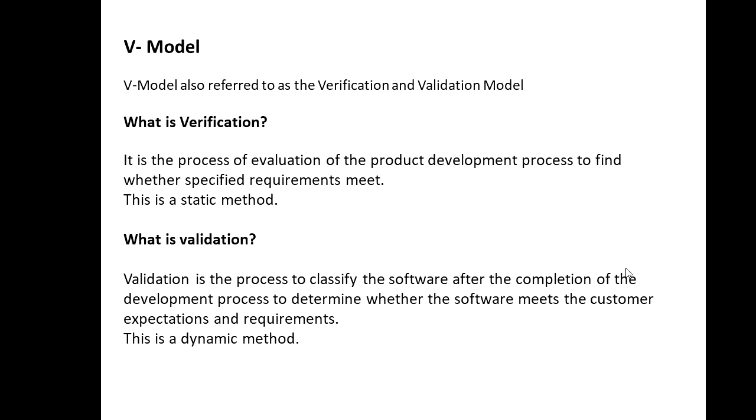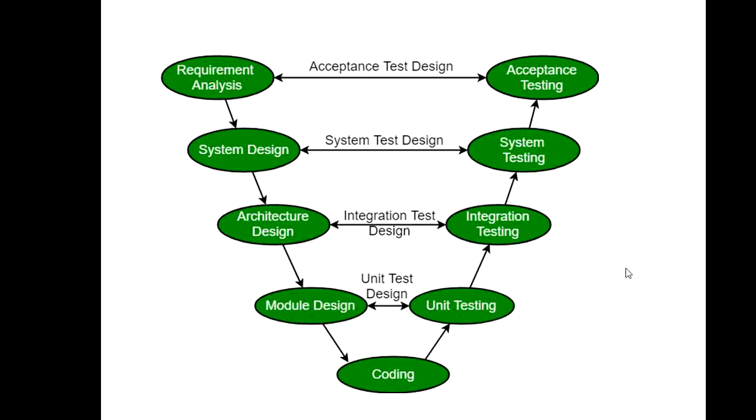When it comes to V model structure, we have two things happening in parallel. When requirement analysis is done, at the same time, acceptance testing will be prepared: the acceptance test document will be prepared and then acceptance testing will be done.